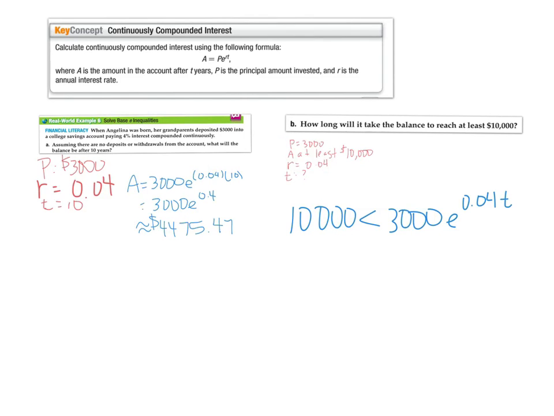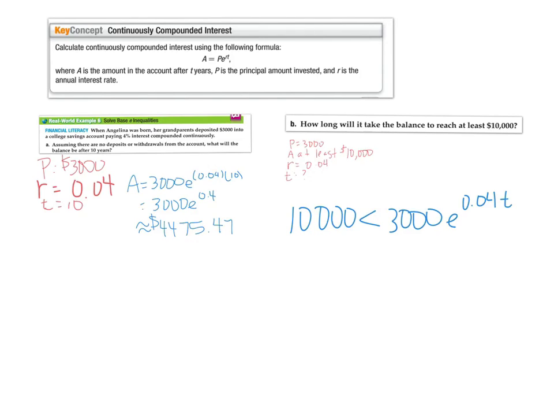When our unknown is up in the exponent, we have two ways of getting it down. We can either make our bases the same or take the log, or natural log in this case because we have an E. I think it's going to be easier for us to take the natural log, but we want to get the exponential part all by itself on one side, so we need to get rid of the 3,000.